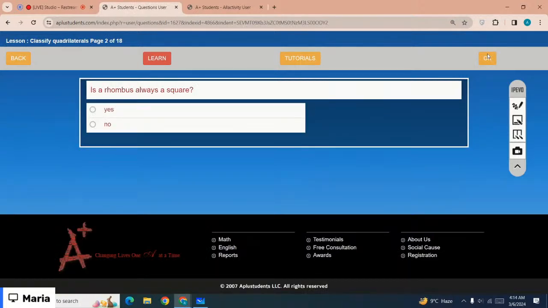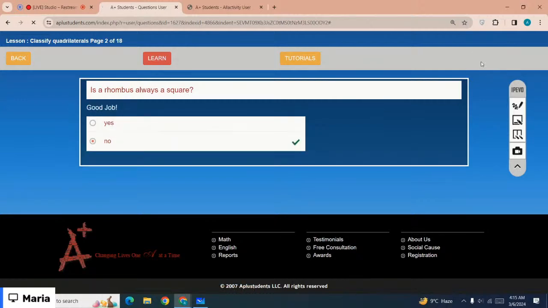Is a rhombus always a square? No, a rhombus is not always a square, right? The correct option is no, because a square has all four sides equal in length, but for a rhombus, it is not necessary.